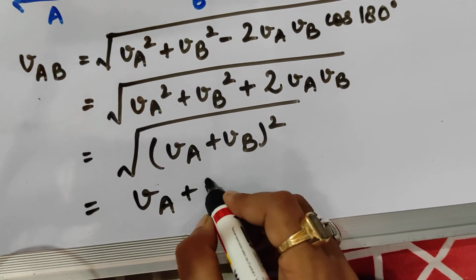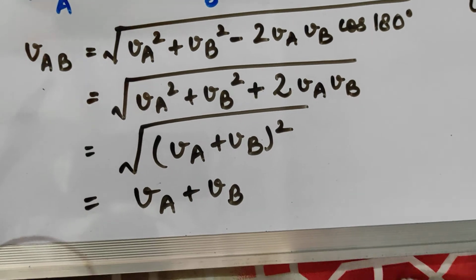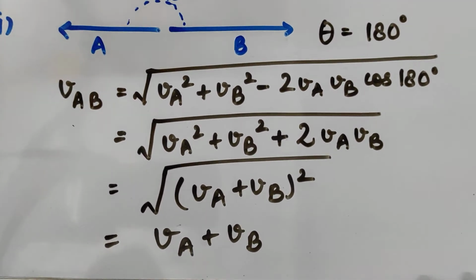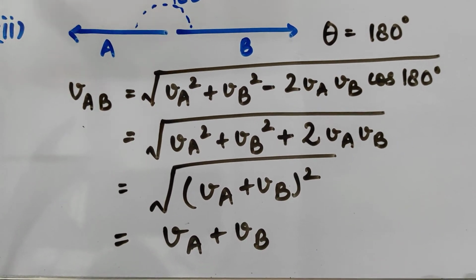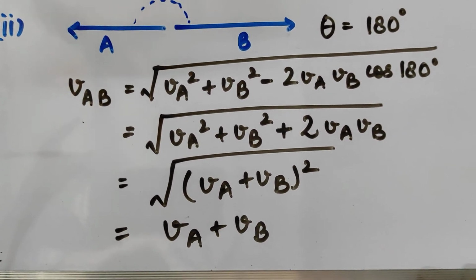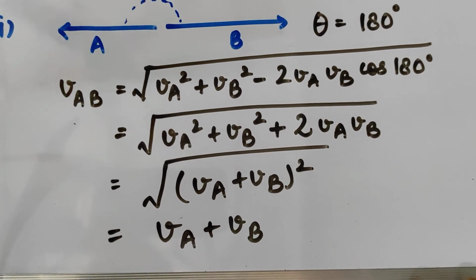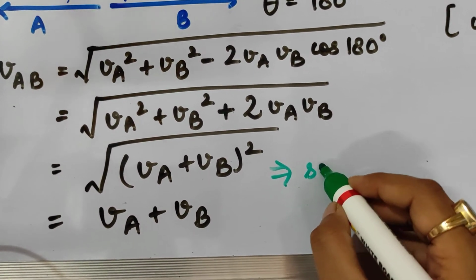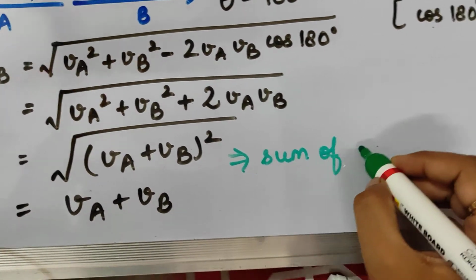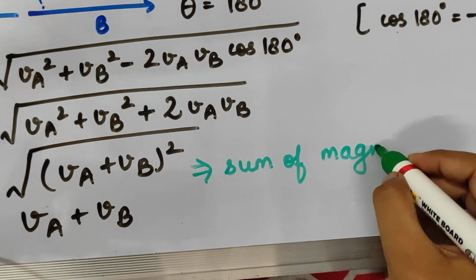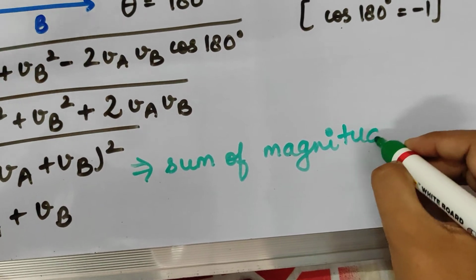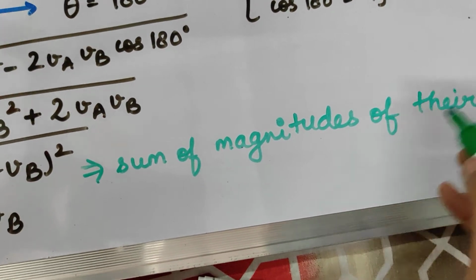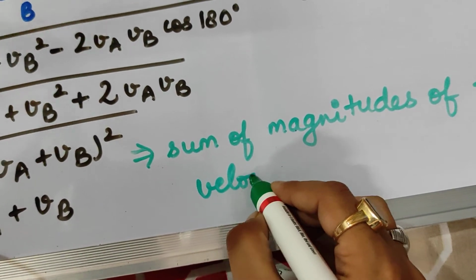And we are left with VA plus VB. So what is the relative velocity VAB in this case, when two bodies are moving along parallel straight lines but in opposite direction? It is equal to the sum of the magnitudes of their velocities.